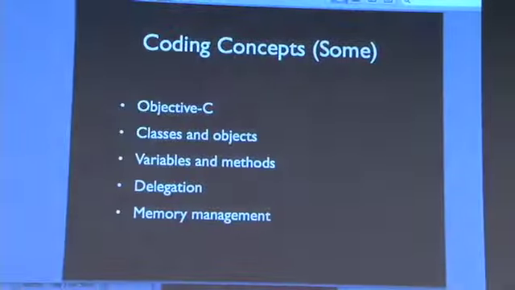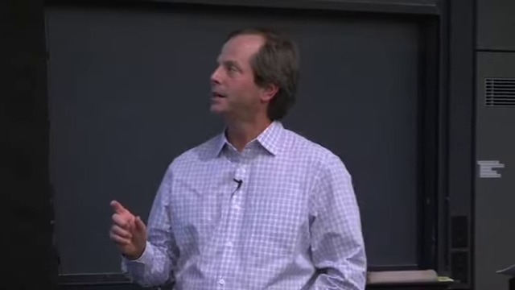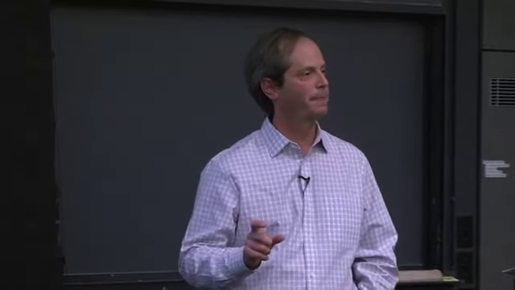tutorials out there. And then finally, memory management. Memory management is not difficult in Objective-C. It just requires discipline. What memory management means is that essentially every time you allocate and initialize a variable, meaning reserve some space in memory for that variable or that class or that object, you need to explicitly release it when you're done with it.